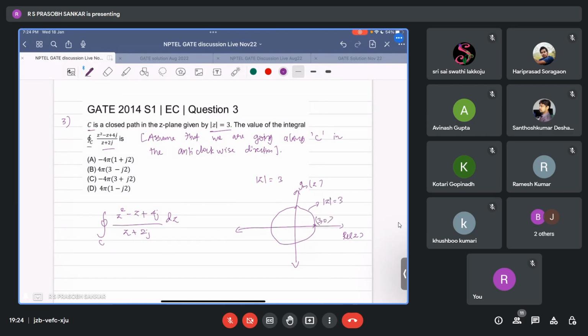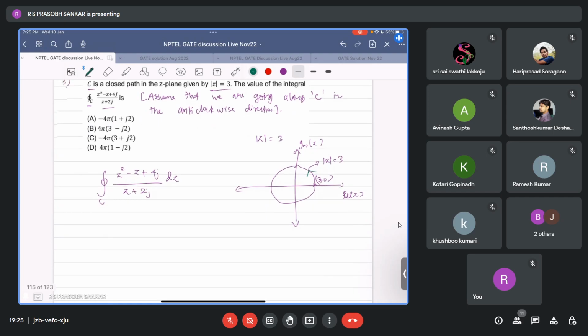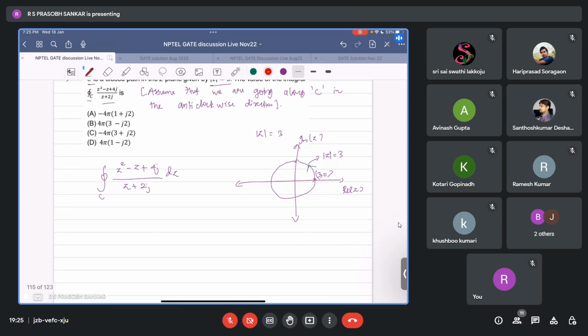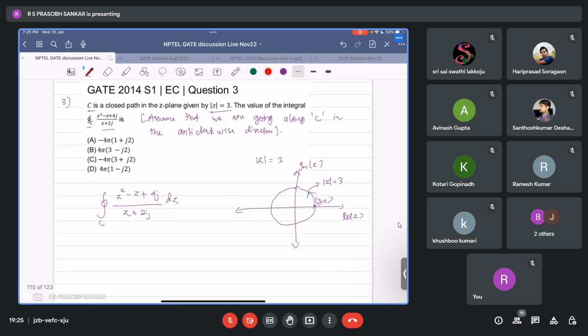That's basically a circle of radius 3 and center 0. Now we are integrating this function z square minus z plus 4j by z plus 2j over the circle. So suppose that we are going in the anti-clockwise direction. Generally they will mention that in this question, I think they didn't mention it, but yeah. The question is clear, right? If something is not clear, something needs more explanation, please let me know.